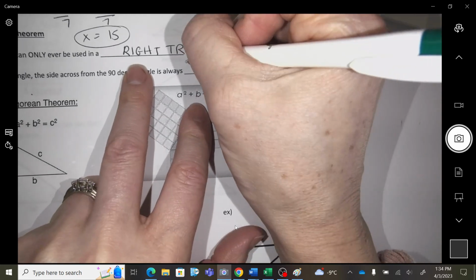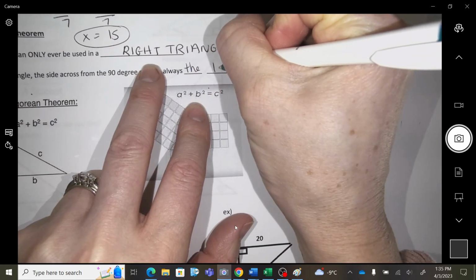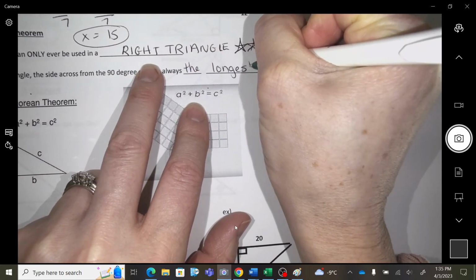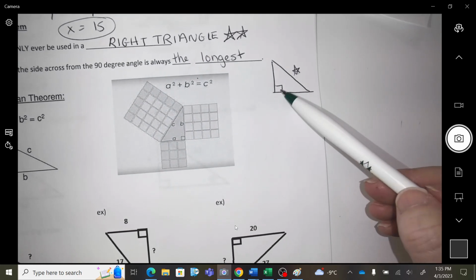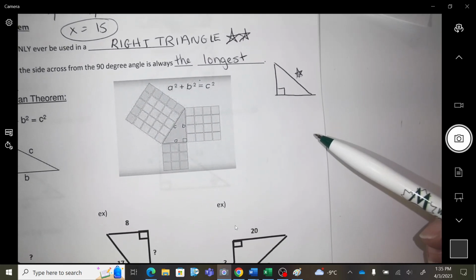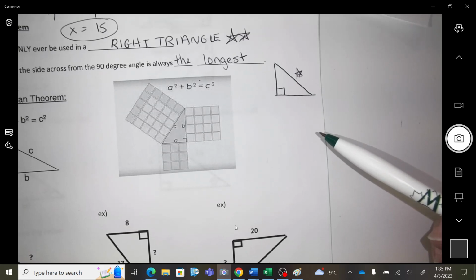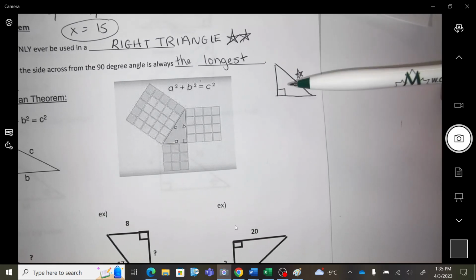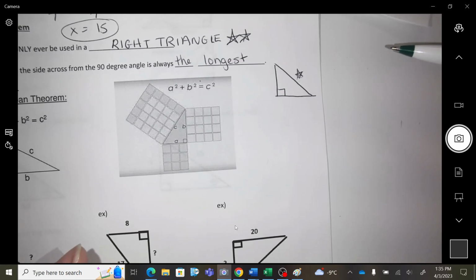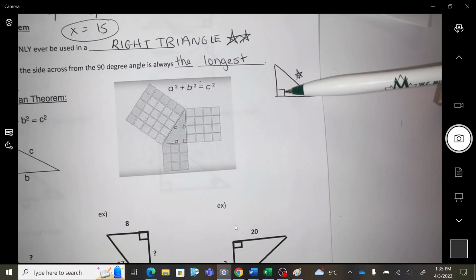The longest, yeah. This side across from the 90 always has to be the longest side in the triangle. Do you see why? Does it make sense visually? Your longest side is always across from your largest angle. Do you ever have an angle bigger than 90 here or here? No.